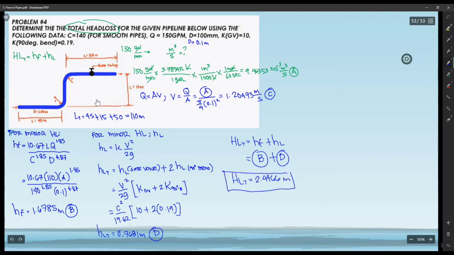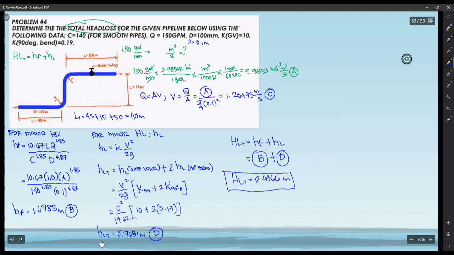Yay! So, guys, as you can see, if i-compare mo yung major head loss sa minor head loss, mas malaki yung major head loss, kasi kung makikita nyo, mahaba yung run ng pipe natin, so marami nang naapektuhan yung friction. Pero it's not always na mas malaki yung major head loss, ha.